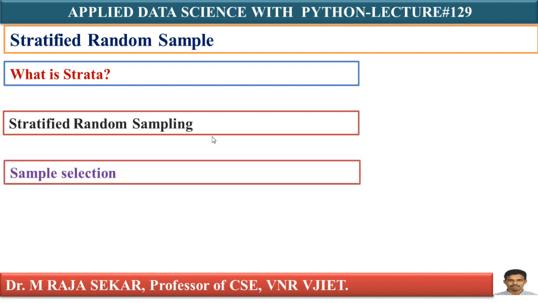What is the purpose? What can I do after forming subgroups? As I told you, let me say again, there is a population. From this population, let me assume I have formed 3 strata: STR1, strata 1, STR2, strata 2, STR3, strata 3.